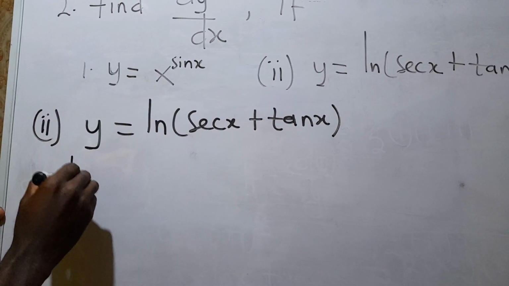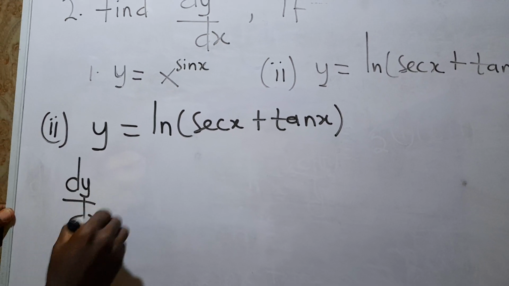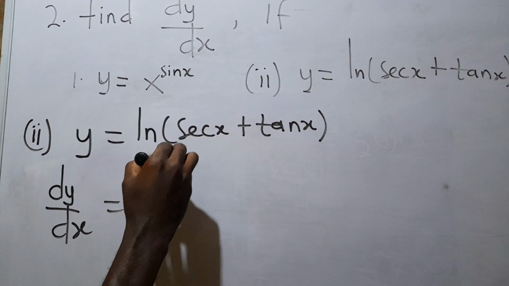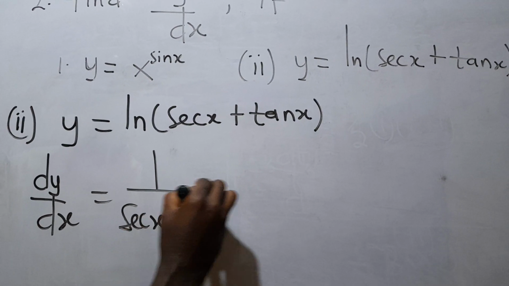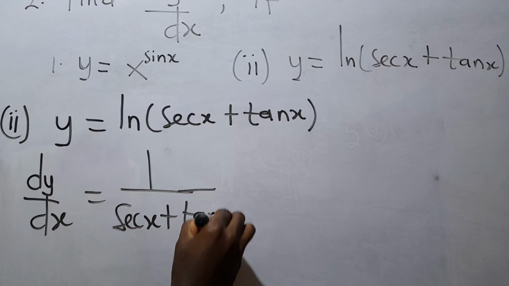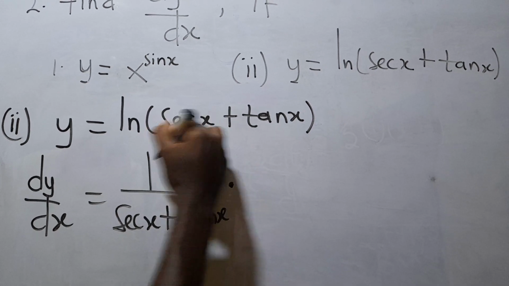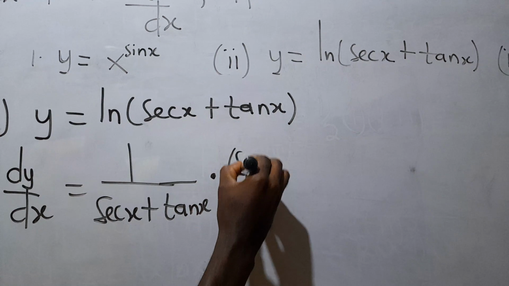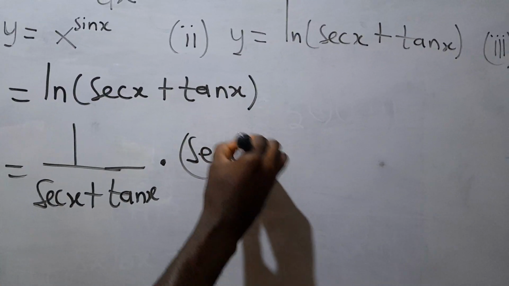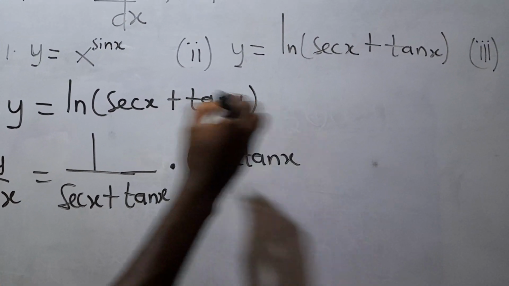So we can say our dy over dx will be equal to the reciprocal of this. So we say 1 over sec x plus tan x, then times. Now we differentiate this and use it to multiply. When we differentiate sec x, we'll get sec x tan x. Remember that.